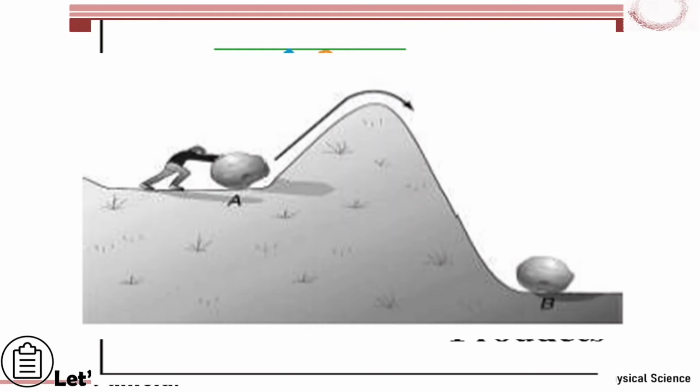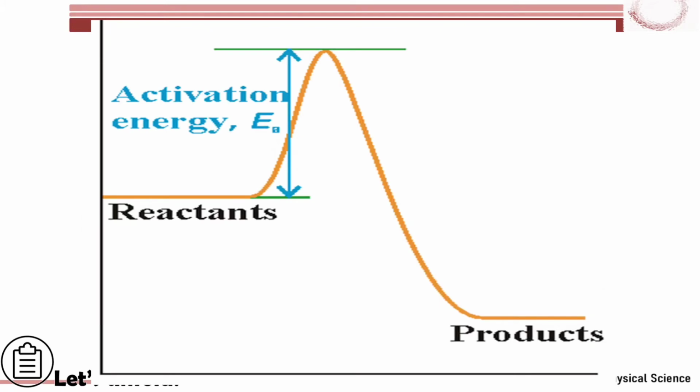So parang ganito yung itsura niya. So kung makikita natin, itong graph na ito shows the process of chemical reaction. So you have the reactants here. Ito naman yung products. Itong curve na ito shows the increasing energy.